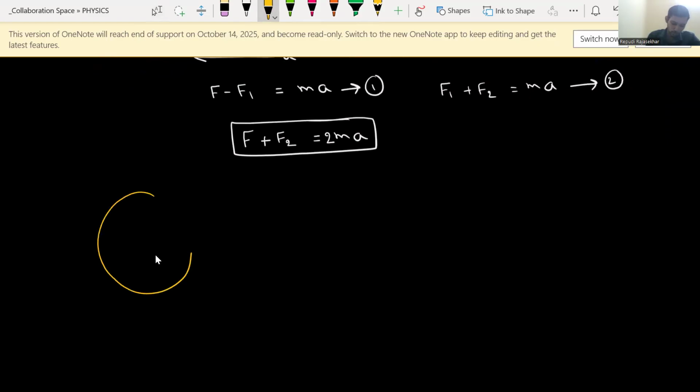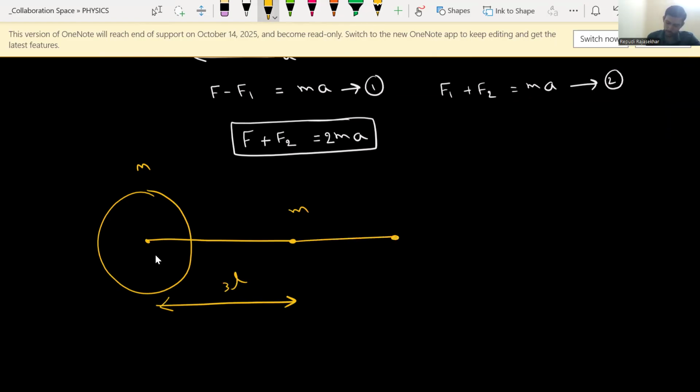I will take the diagram so that you can see it carefully. This is the spherical body, mass is M. Here to here, the total distance is given as 3L. Mass is small m. Another small m particle is kept here, and this length is mentioned as L. Now we want F and F2. We need to focus on which direction F is acting.